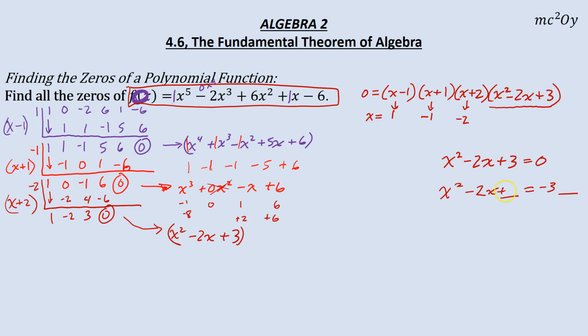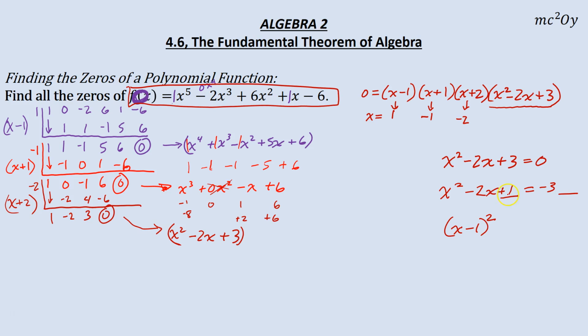This gap is to help me complete the square. I want to make a perfect square trinomial here, and the reason I chose to complete the square is because my b term is an even number, so it makes it easy to make my binomial. I just cut that number in half, so I have x minus 1 quantity squared. Okay, well, I cut this in half and square it, and that becomes my back number.